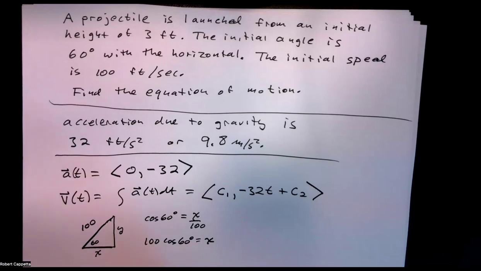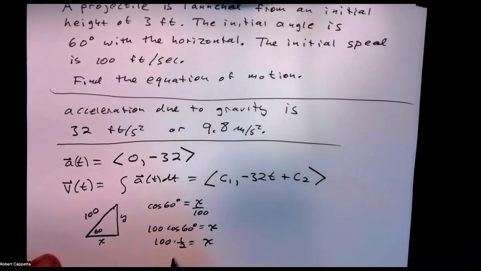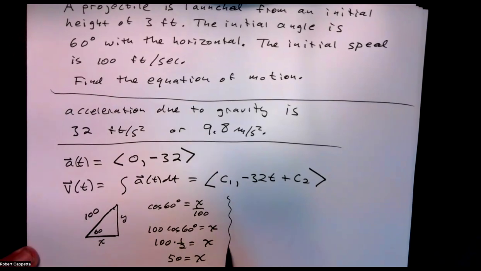So we get 100 times 1/2, which is 50. So 50 is the x value for my initial velocity. At time 0, my initial velocity, the x value will be 50.